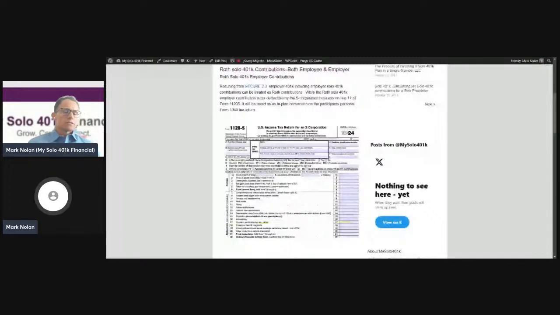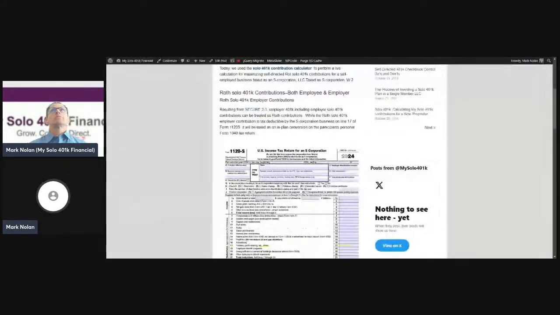Okay, let's talk first about Roth solo 401k employer contributions. So resulting from Secure Act 2.0, you can now choose to make your employer profit sharing contributions as Roth instead of pre-tax.